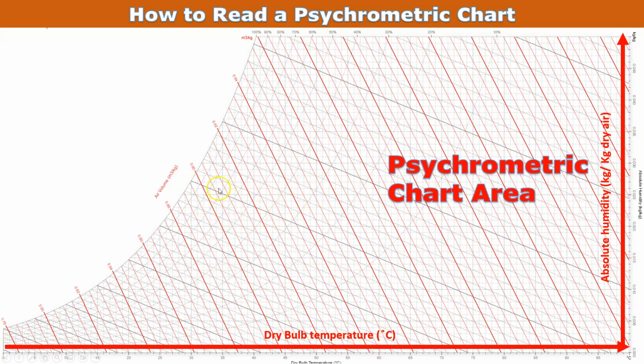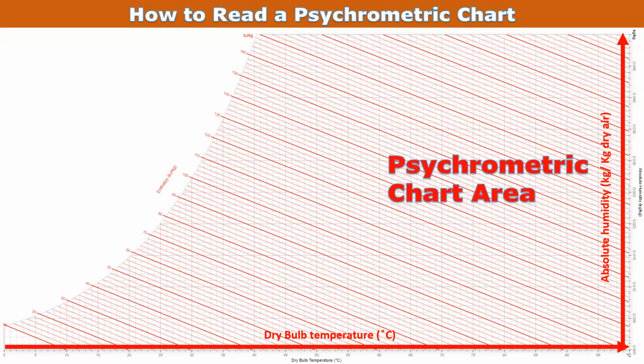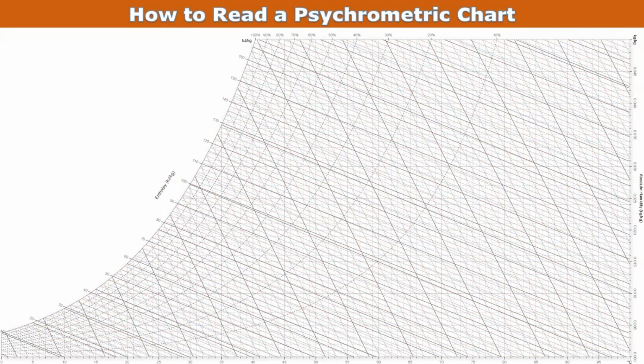Again this diagonal line represents the specific air volume. Now in this type of psychrometric chart, again this diagonal line represents the enthalpy. So if we want to calculate the enthalpy, we can use this type of psychrometric chart.